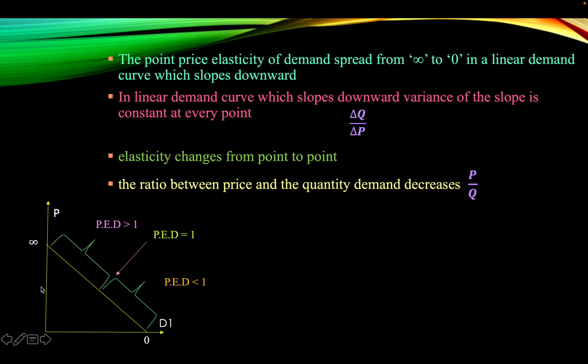And here, where it intersects the price axis, it is infinity. So from infinity to 1, price elasticity of demand is greater than 1, that means elastic demand. You can see the point price elasticity of demand spreads from 0 to infinity because of the price and quantity changing. The slope is not changing. So that is why in a linear demand curve the elasticity changes.